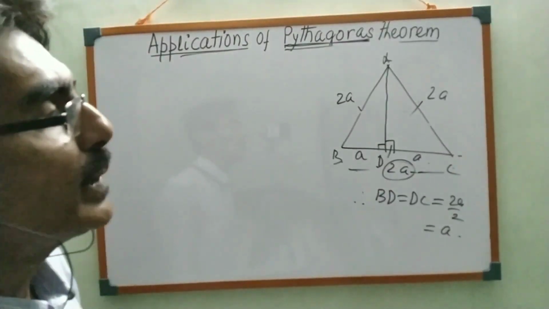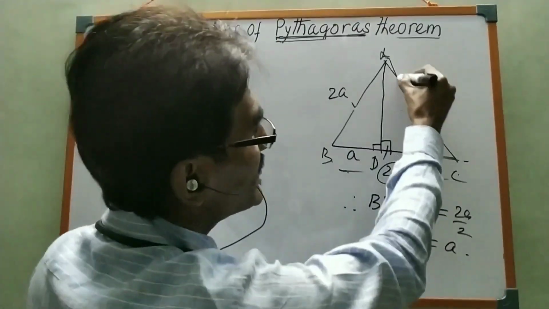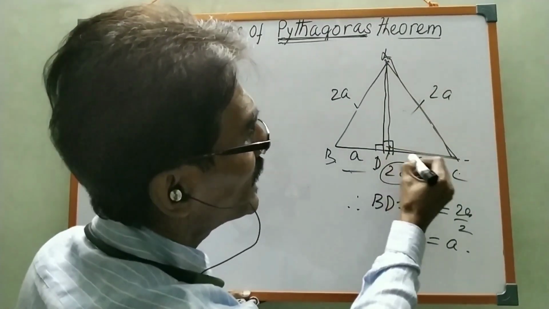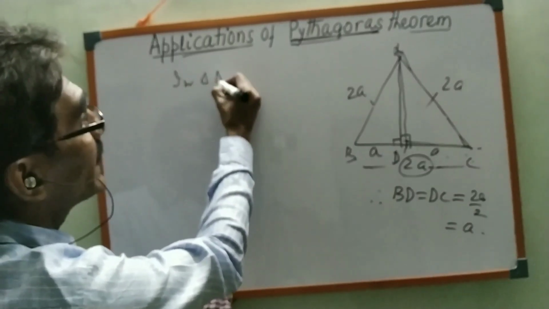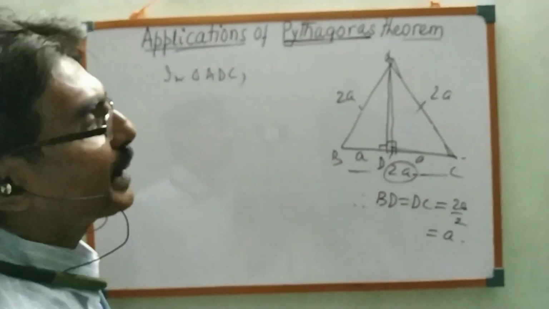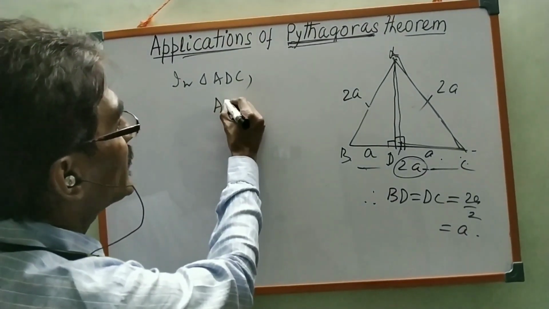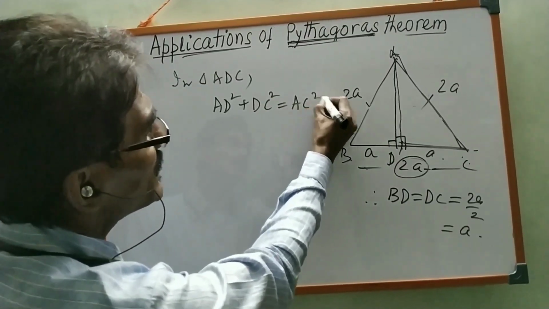We have to calculate the altitude AD. DC is A, AC is 2A. Apply the Pythagoras theorem in triangle ADC. If I use the Pythagoras theorem, what are we getting? AD square plus DC square is equal to AC square.